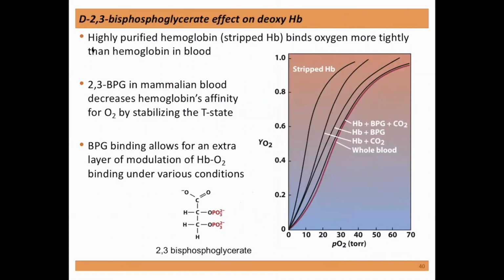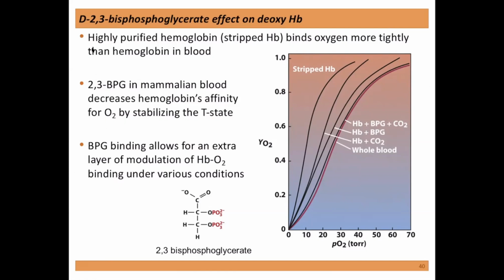So they figured there was some factor in blood that caused hemoglobin to bind oxygen less tightly or be more willing to give up the oxygen. And they eventually found that molecule, and it was 2,3-bisphosphoglycerate. It's found in mammalian blood, and it decreases hemoglobin's affinity for O2 by stabilizing the T state. So again, if you can stabilize that T state, then the molecule is going to be more likely to give up the oxygen and adopt that T state.